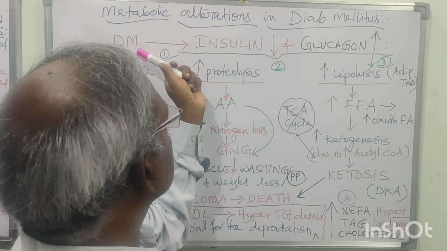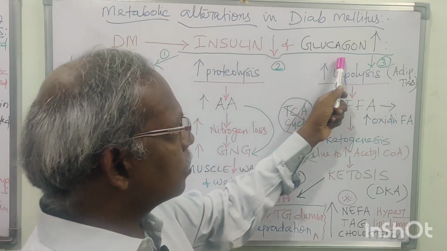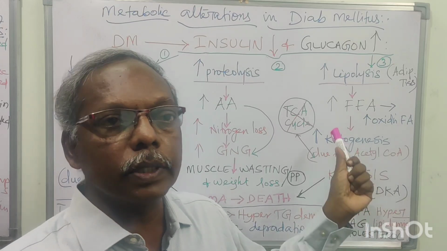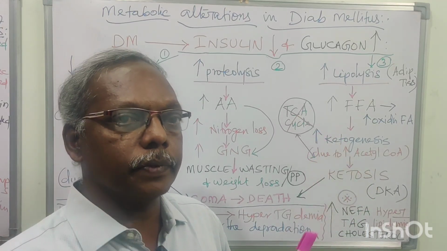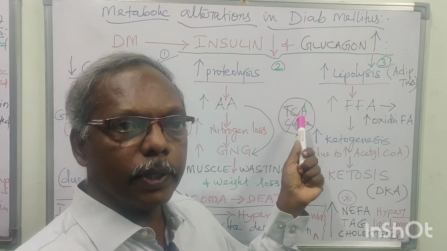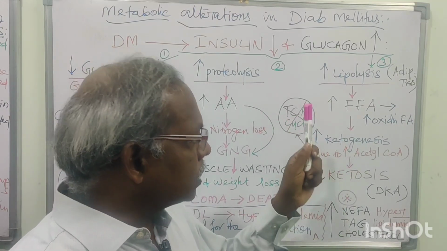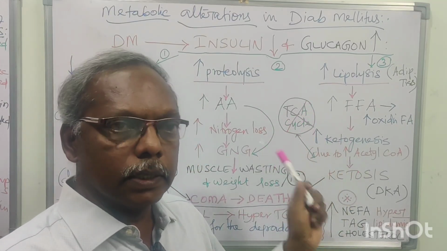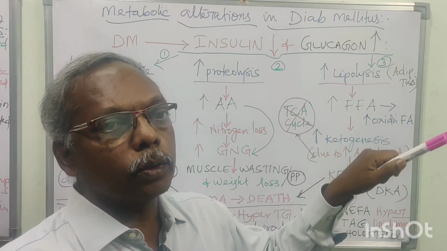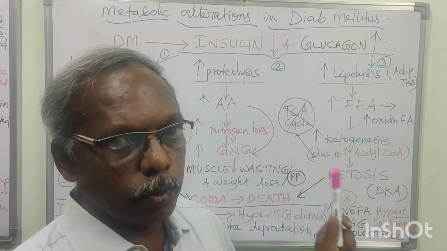Here the problem is diabetes mellitus, insulin is less, glucagon is more, so this acetyl-CoA does not properly enter the TCA cycle for the purpose of energy production, right? So the TCA cycle will be blocked. At this point, the excess acetyl-CoA will enter ketogenesis, that is production of ketone bodies.